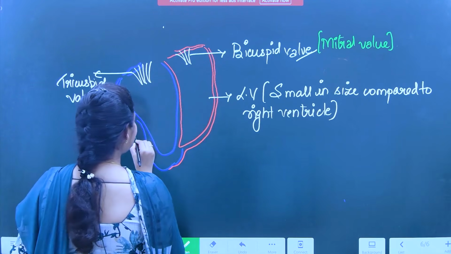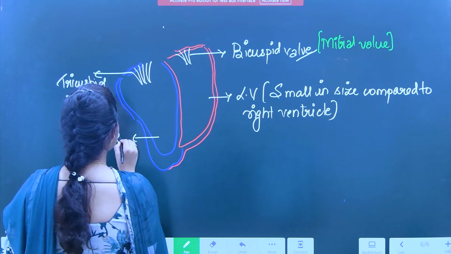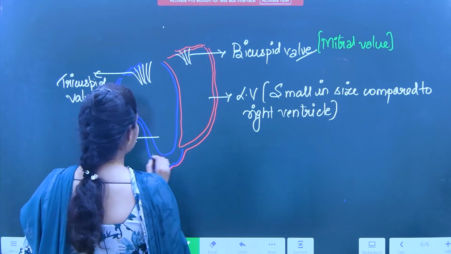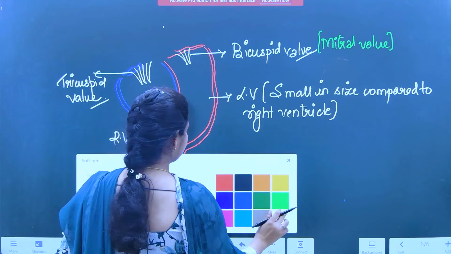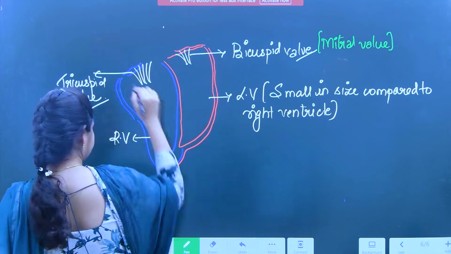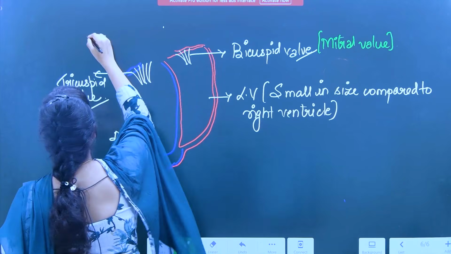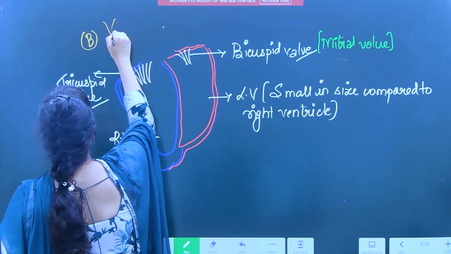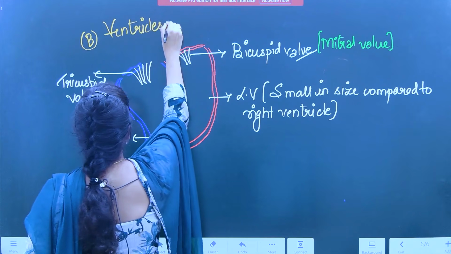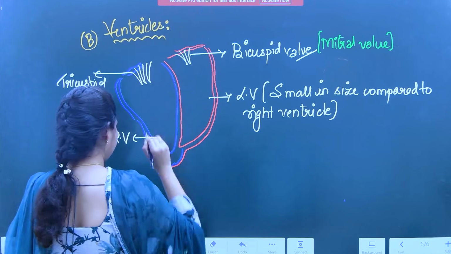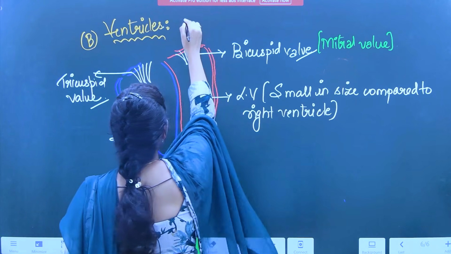Whereas the right ventricle is larger in size, but both the ventricles are thick walled. I'm talking about the ventricles, no? Both the ventricles are thick walled. Why are they thick walled?